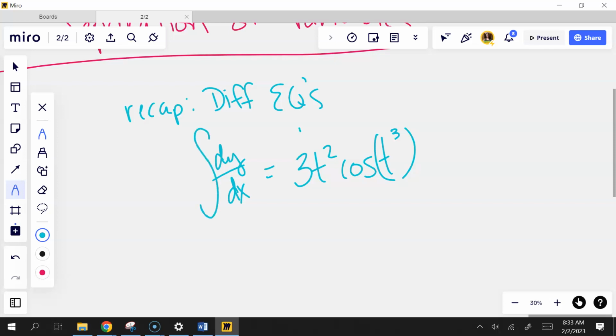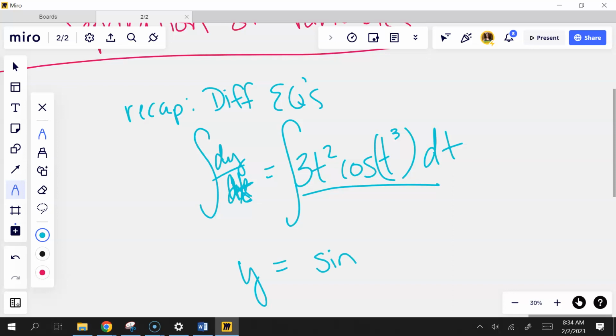This is where we got into slope fields too. We moved this dt to this side, took the antiderivative, and we find that y equals, well, what's the antiderivative here? Sine of t cubed.